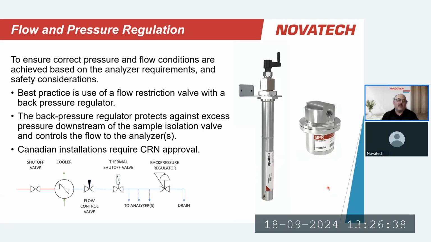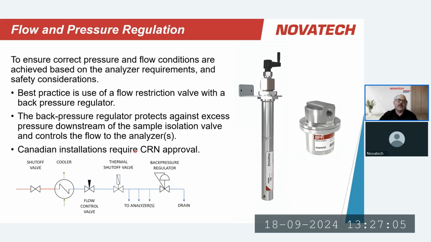And why is that? Well, if my sample is coming in at 150 degrees C, as we talked about earlier, if I drop the pressure first, I'm going to start generating steam. So I'm going to have water boiling in my sample conditioning system, and that's not what I want. I want to keep it in the liquid state in my sample system. So the procedure is to cool it first, bring the temperature down, then control the flow and the pressure.